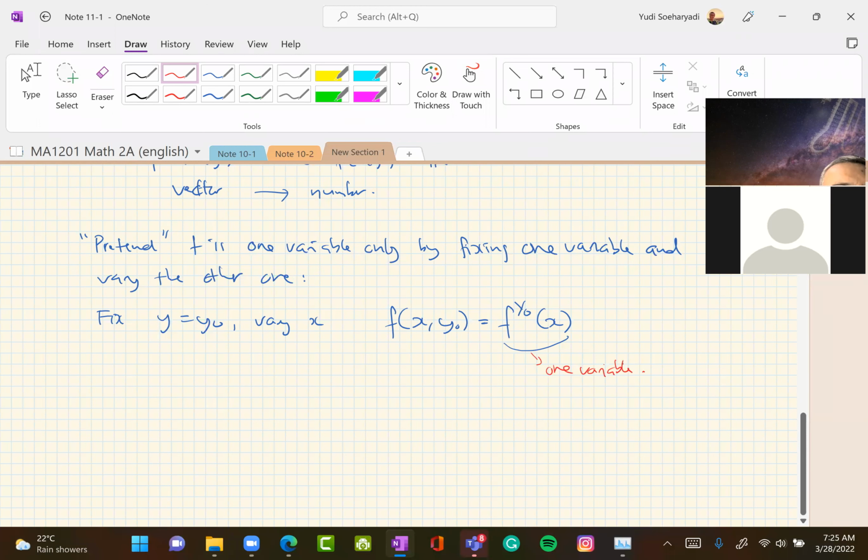As a function of one variable, we can define a derivative as usual.